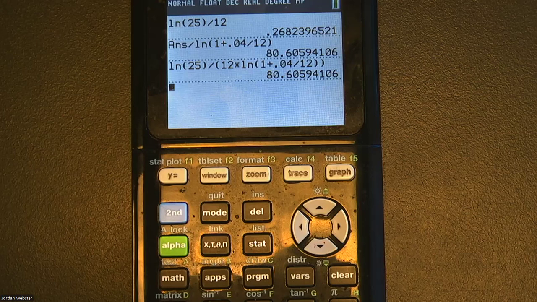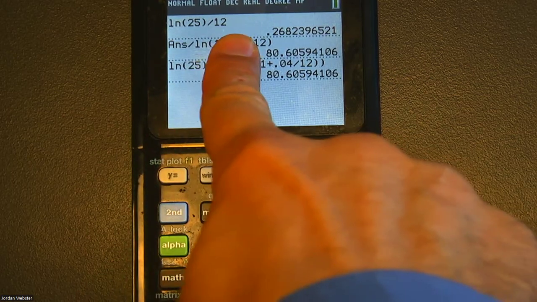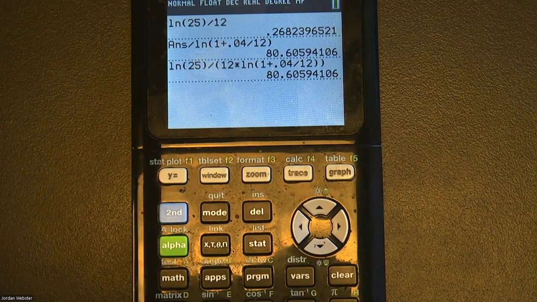Just be careful about typing it in. I tend to do this where I divide by 12 first, and then I divide by the natural log. That seems to work well for most people. Okay.